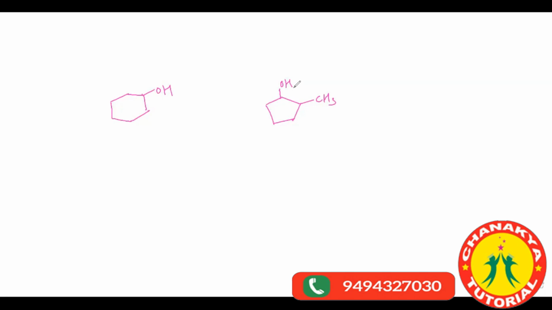But before writing the name, you have to add the word cyclo in front of it. If you see, how many carbons are present here? 1, 2, 3, 4, 5, 6. So this is hexane-1-ol, right? But because it is in a cycle, you write cyclohexane-1-ol. Understood? Or commonly you can call it cyclohexanol.